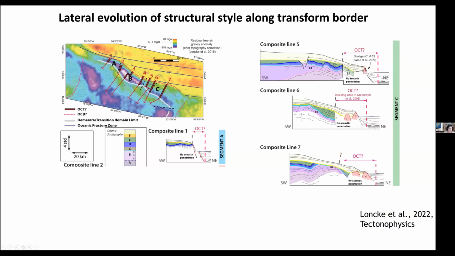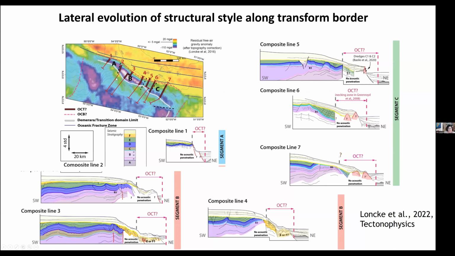And we also observe here a more oblique system in this part of the border, where the oceanic to continent transition is a little wider, reaching 30 kilometers with tilted blocks, as you can see here.